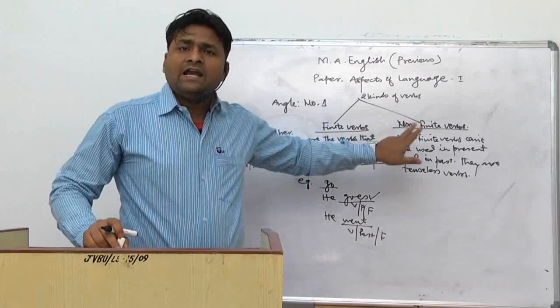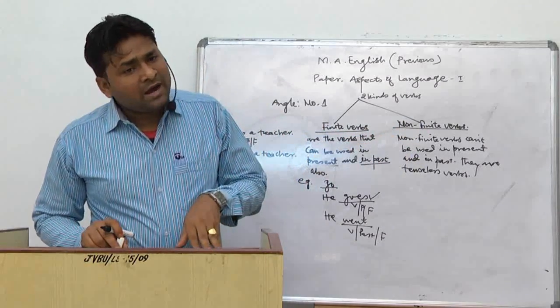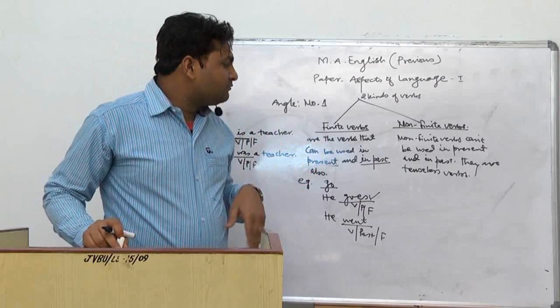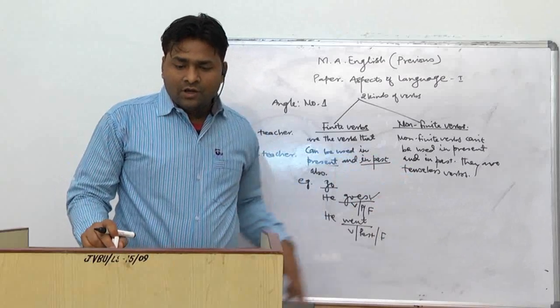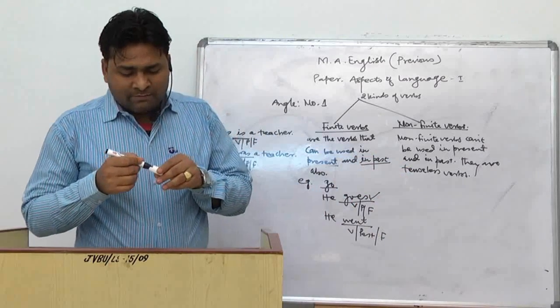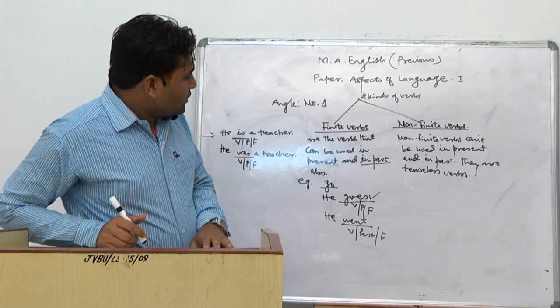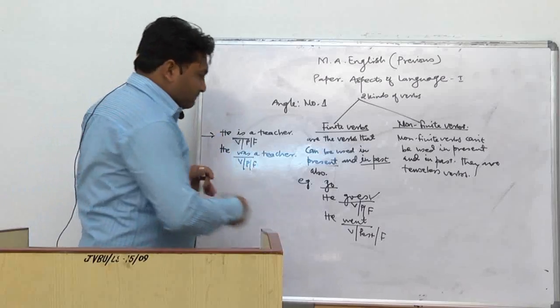But non-finite verbs can't be changed from present to past or past to present because they do not have tense, and therefore they are called tenseless verbs. Hopefully the topic will be clear to your minds. Now let us switch over to angle number 2. This was angle number 1.